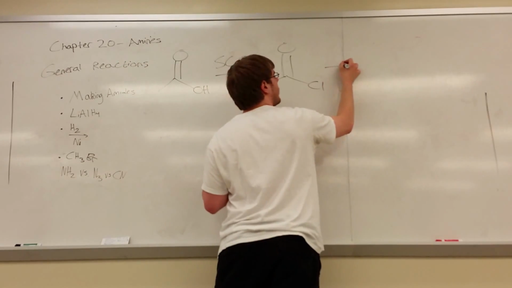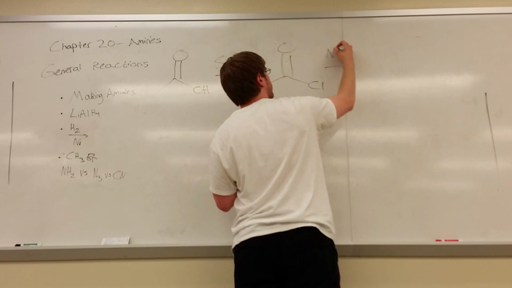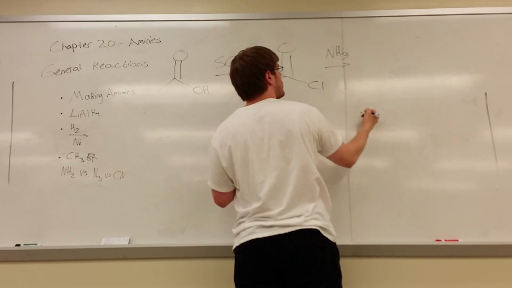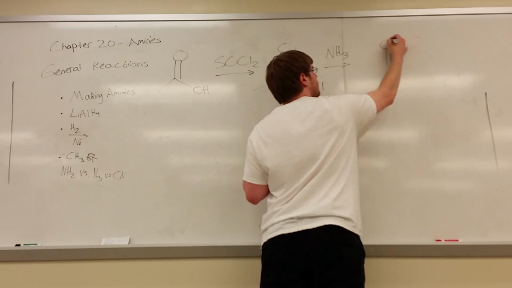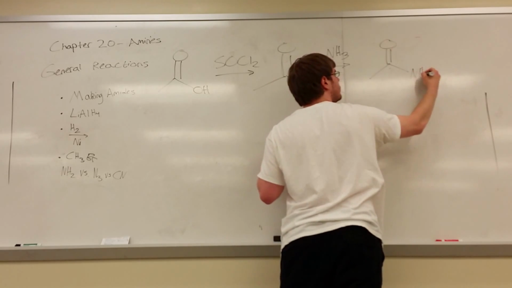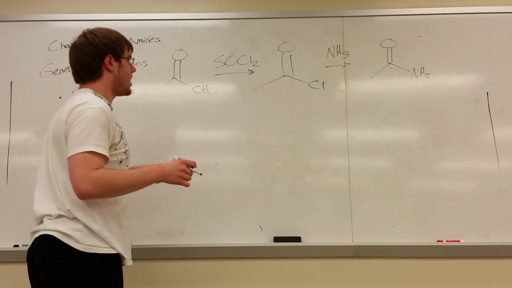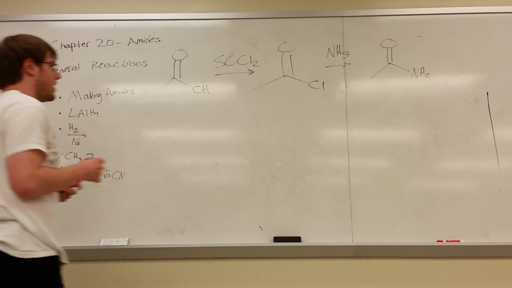Like we said before, if I want to replace that and turn it into an amide, I just need the corresponding nitrogen over it with one extra hydrogen. So NH3, and this would be NH2.